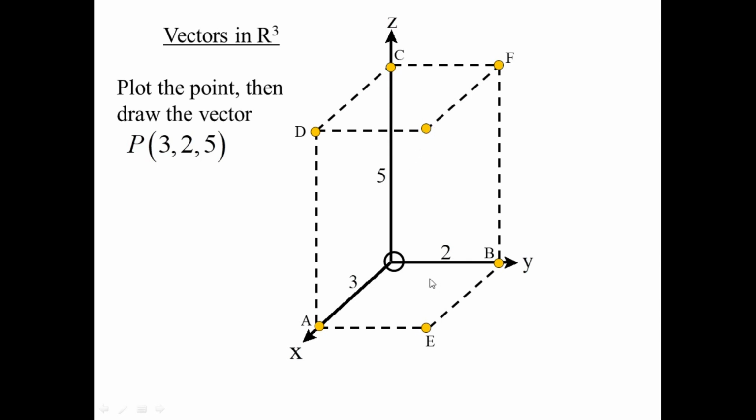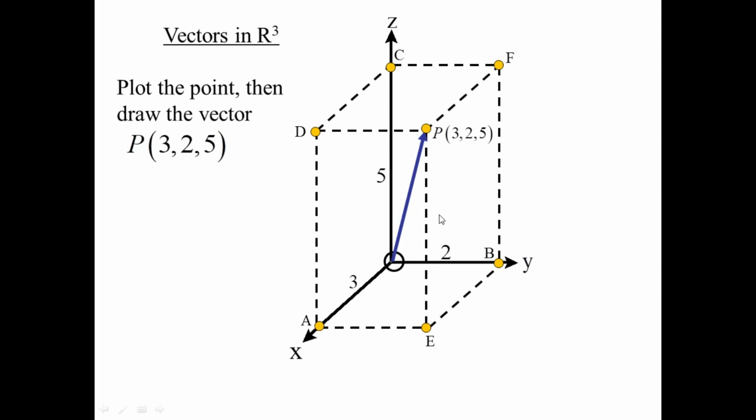And to complete this box, if I joined this point with this point, I would have completed a box built out of parallelograms. And now we can see the point in 3-space. So we could label it point (3, 2, 5) and draw the position vector associated with it in 3-space. That's an intro to vectors in 3-space.